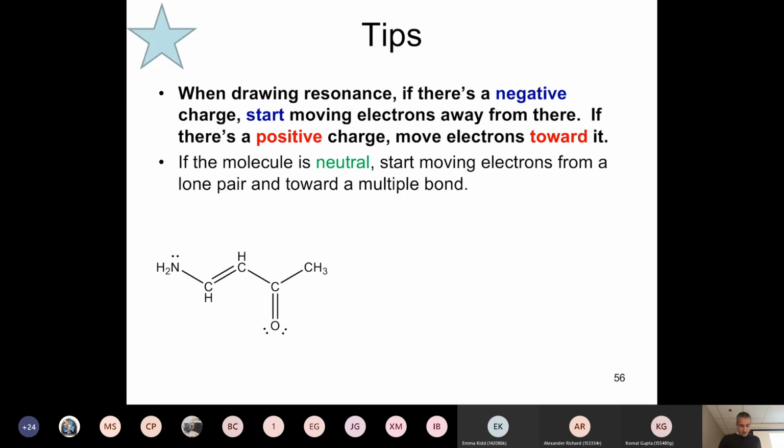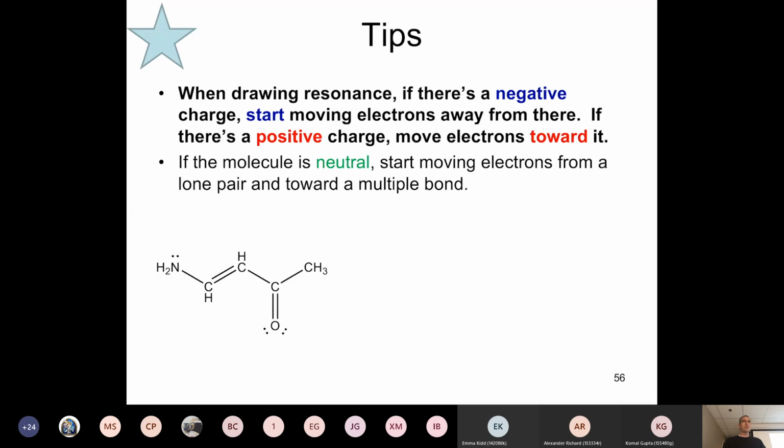Now the example that I have here doesn't have a positive or a negative charge. But what it does have is some pi bonds. Pi bonds are good. Pi bonds we can turn into lone pairs if we want. And we also have some lone pairs that we could potentially move as well.